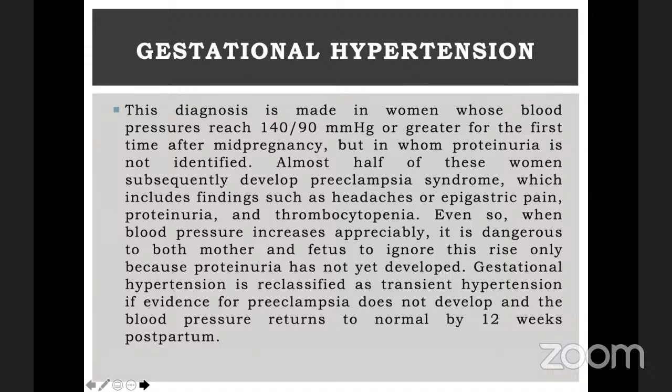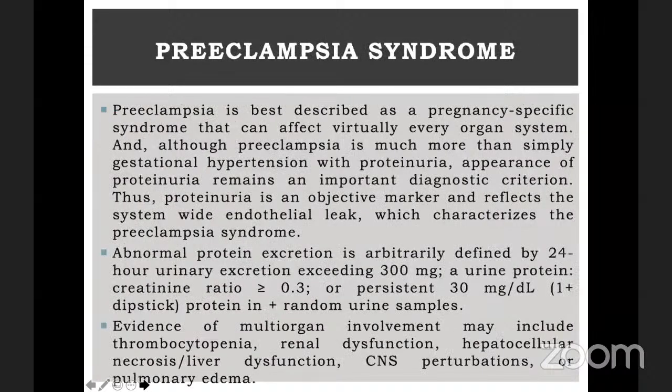Even so, when the blood pressure increases appreciably, it is dangerous to both the mother and the fetus to ignore this rise only because proteinuria has not yet developed. Gestational hypertension is reclassified as transient hypertension if evidence for preeclampsia does not develop and the blood pressure returns to normal by 12 weeks postpartum.